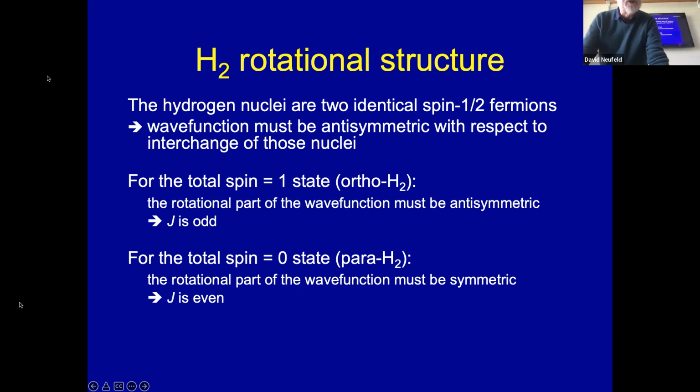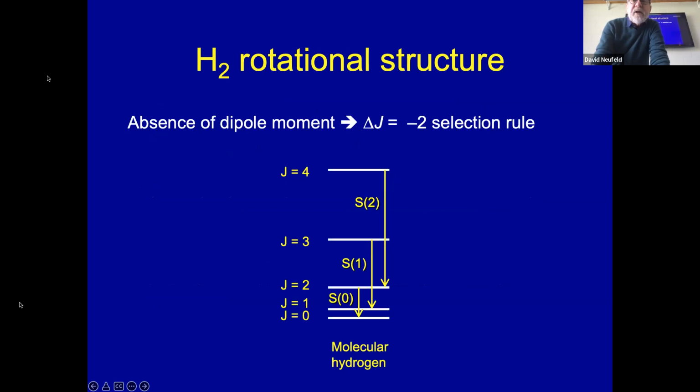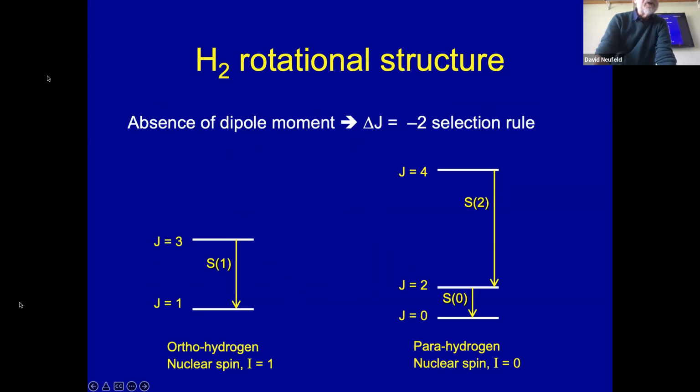So that's ortho H2. And then there'd be para H2, where the total spin of these 2 nuclei is 0. And then you have to have an even part of the rotational wave function. So that means that J is even. So really, you could think of H2 as being almost 2 separate molecules, ortho H2 represented by the odd J states, and para H2 represented by the even J states.